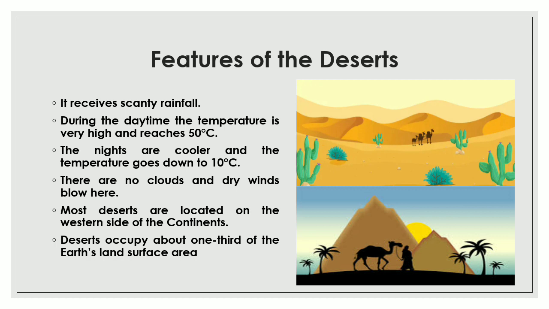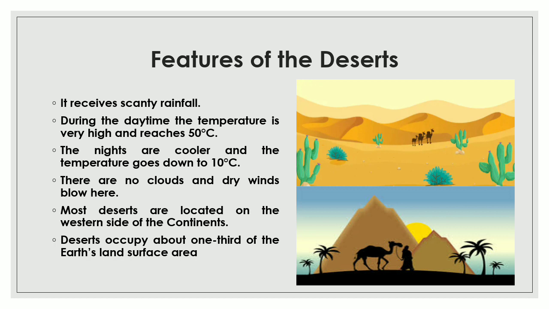Because when the sun's rays fall on the sand, it gets heated faster. So the temperature during the daytime is very high, but as the sun goes down the temperature also decreases very fast. That is why the temperature at night goes down to 10 degrees centigrade.